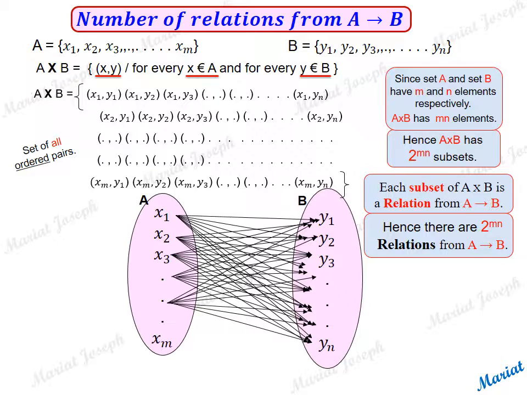So, if set A has m elements and set B has n elements, there are mn elements in A cross B, and therefore there can be 2 raised to the power mn subsets of A cross B. Each subset is a relation from A to B, hence 2 raised to the power mn relations are possible from set A to set B.